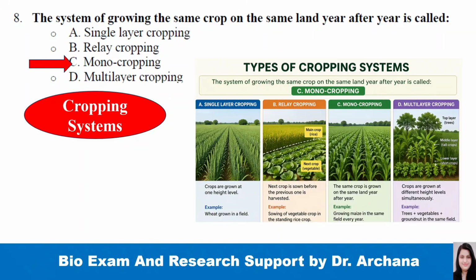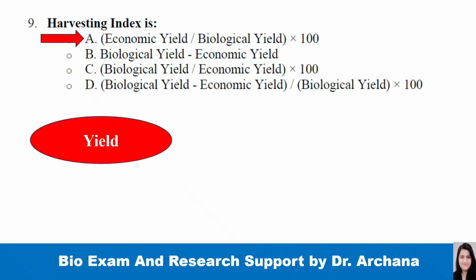It should be clear to you all. Here they are saying that the same crop is grown year after year on the same land, so the answer will be monocropping. Now this is the simple formula, harvesting index. So the answer is economic yield by biological yield into 100. You have to remember this. There is no shortcut to this. You have to remember it.